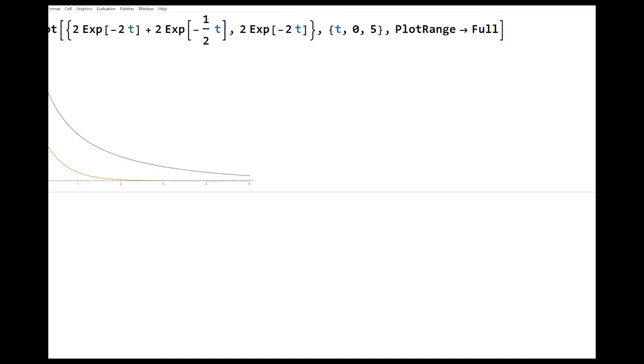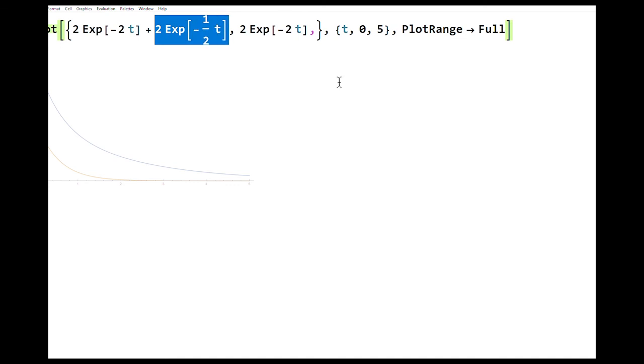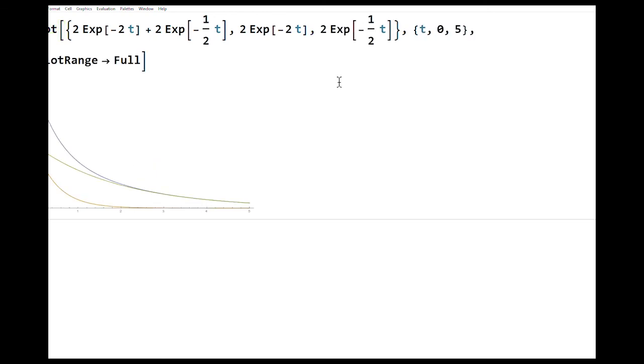All right. So this is the fast exponential, and then there is the slower exponential, which has a time constant of 2 seconds. Yeah. So you can see the green line is the much slower exponential, and the sum of both of those is going to be the blue curve. Notice how after a very long time the slower exponential becomes dominant. The other one already decayed to 0 and does not factor in anymore.